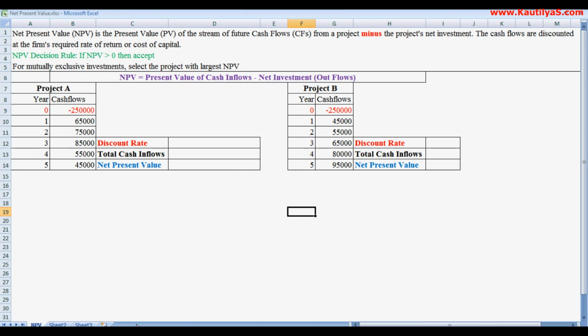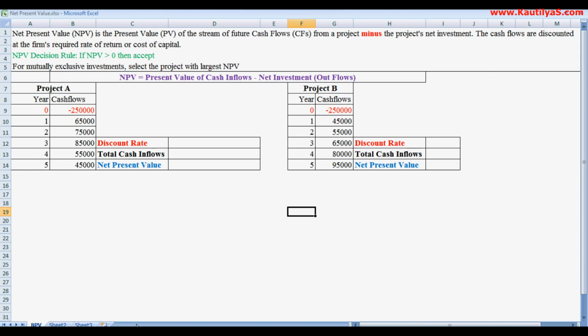When the NPV of a project is positive, that means greater than 0, the project is accepted, and if the net present value, NPV, is less than 0 or negative, the project is rejected.